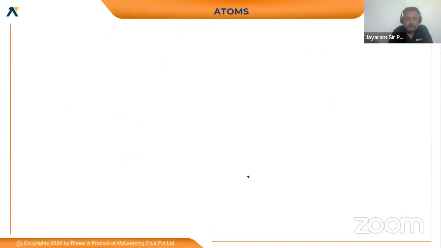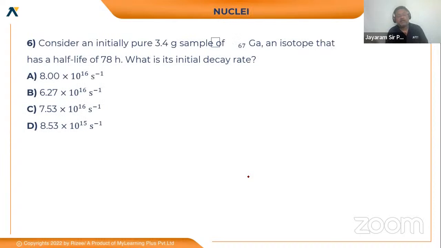So now coming to the sums. Consider an initially pure 3.4 grams sample of gallium-67, an isotope that has a half-life of 78 hours. What is the initial decay rate, he is asking. What is the mass of the gallium, sir? Here the given mass of Ga is 3.4 grams, that means 3.4 into 10 to the power of minus 3 kg.